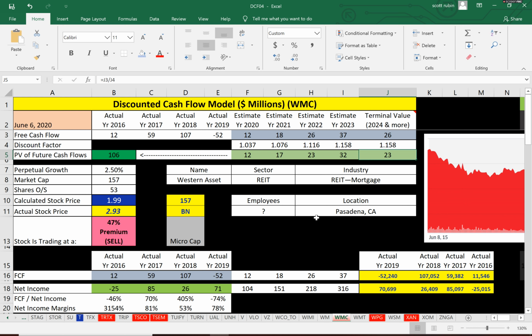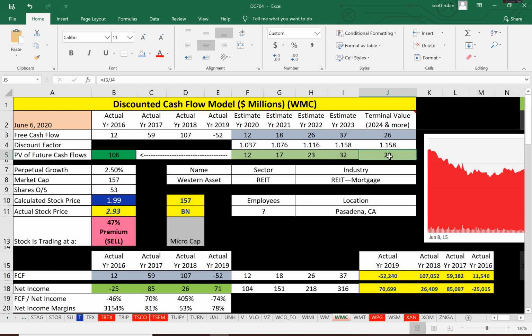I also built into the model that if the company is a REIT, or if the company has a small market cap, it also alters the terminal value. It's really difficult valuing a REIT, and I think I'm getting better at it because my numbers are getting closer to what they're trading at, but it's still really tricky.